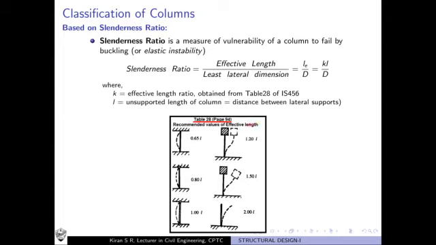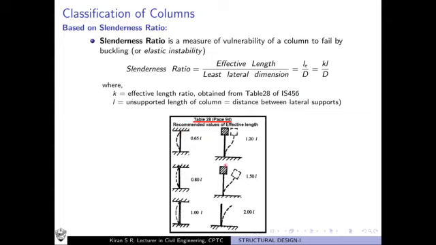You have to choose the recommended value of effective length from that table. Here are shown the values of K into l, which directly give the effective length of columns for different support conditions.